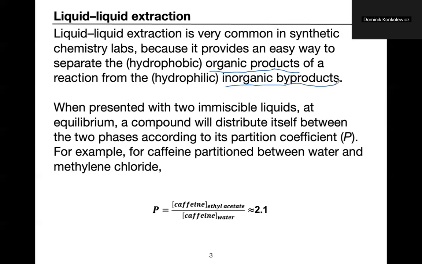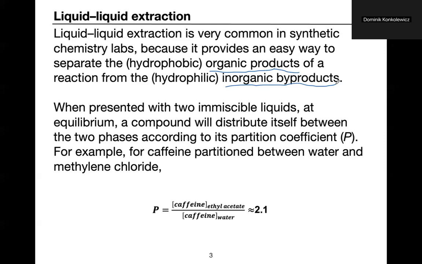Because they're hydrophilic. Okay, so now in the case of caffeine, right? If we present our caffeine molecule with two different phases, the caffeine molecule is sort of an organic compound. It tends to prefer the organic layer, which in the case of our lab is going to be ethyl acetate. Okay.